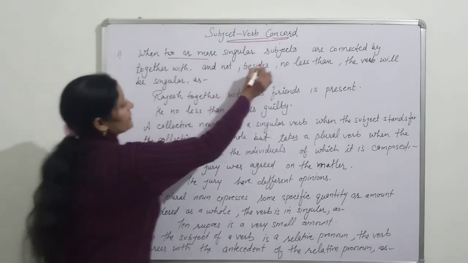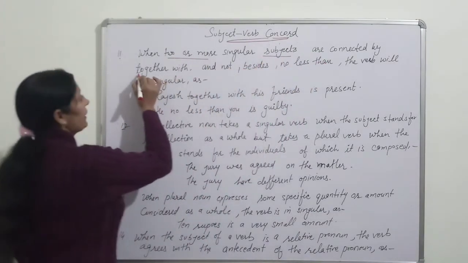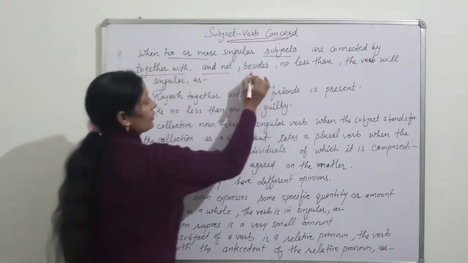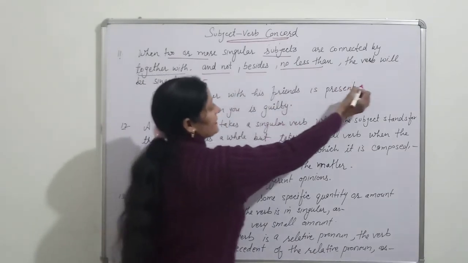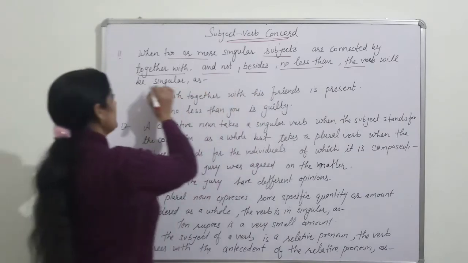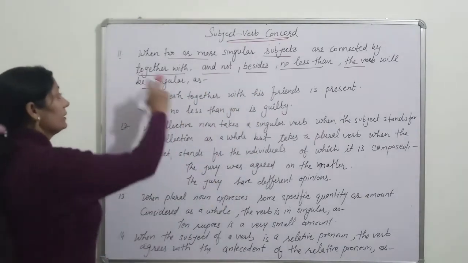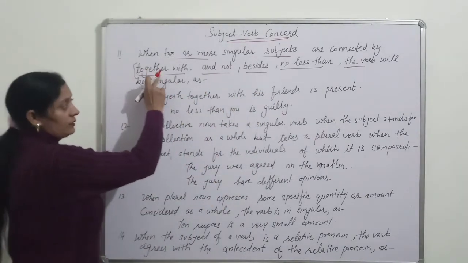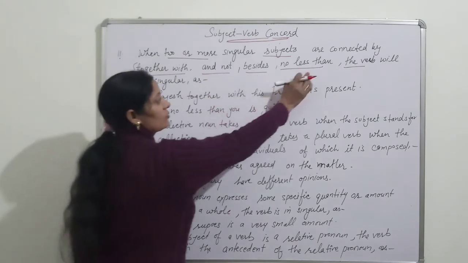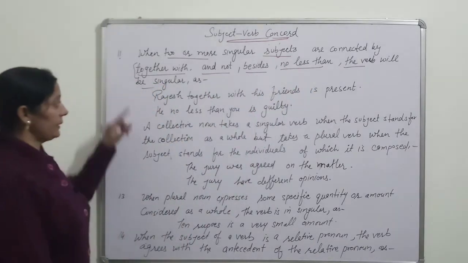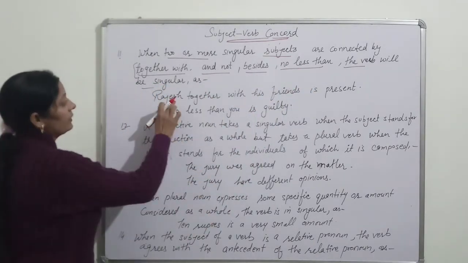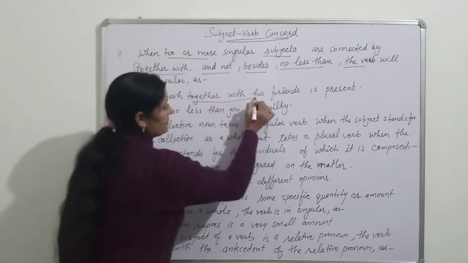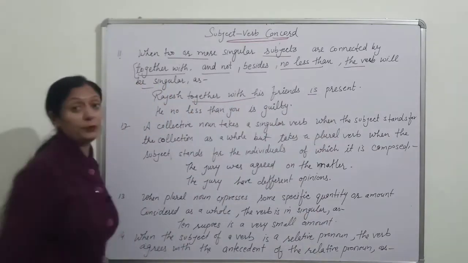Okay, now see the next one. When two or more singular subjects are connected by together with, and not, besides, no less than, the verb will be singular. Okay, remember these words, together with, and not, besides, no less than, the verb will be singular. For example, Rajesh together with his friends is present.